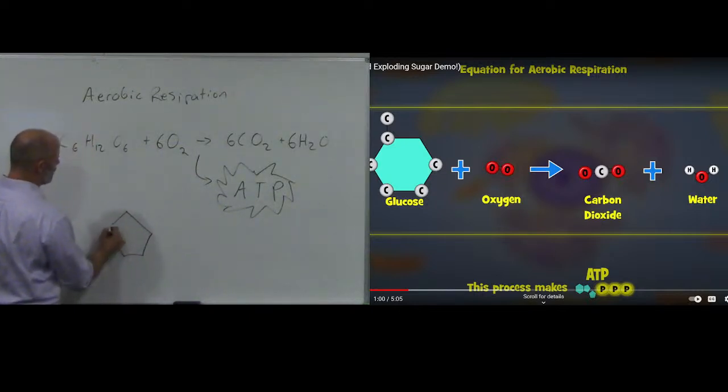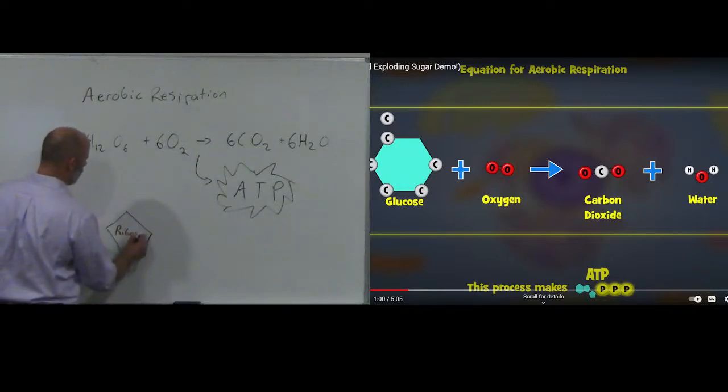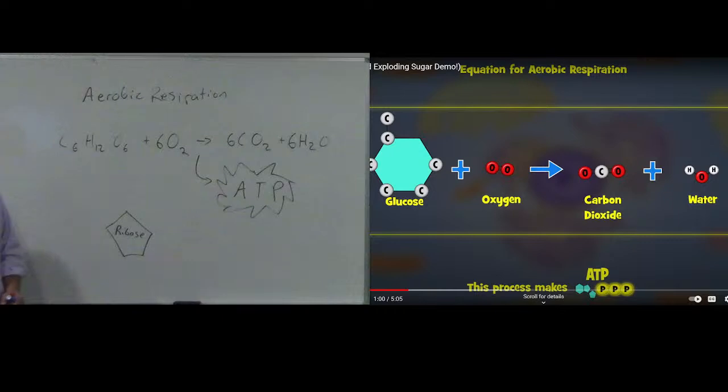So it has this. This is the sugar ribose. Where have you heard that word before? Ribonucleic acids. It's ribose attached to what's called a nitrogenous base. Remember in DNA, in RNA, we talked about phosphate, sugar, nitrogen base, phosphate, sugar, nitrogen base. So here I've got phosphates, and I've got sugars, and I've got nitrogen base, like literally we could swap out part of RNA and make energy out of that.